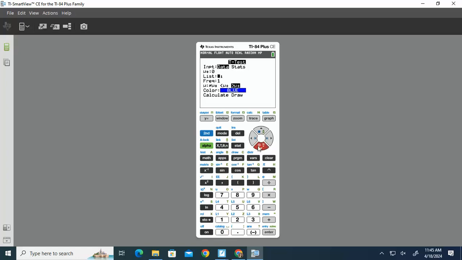What list do I want my calculator to look at? 3, because we're testing the difference, which was our L3. So if you just do second 3, that will pull it up. Frequency, just make sure that's always set at 1. We are testing not equal, and calculate.